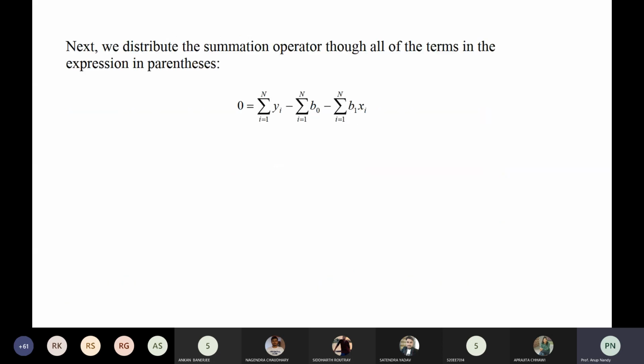So now you are going to distribute the summation operator through all the items, meaning you need to distribute the summation operator through all of the terms in the expression in parentheses. Then you are going to have summation i is equal to 1 to n yi minus summation i is equal to 1 to n b naught minus summation i is equal to 1 to n b1 into xi. Then these expressions will produce which result?